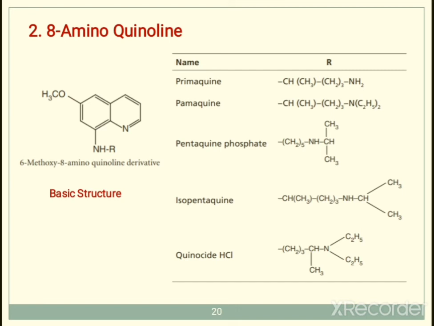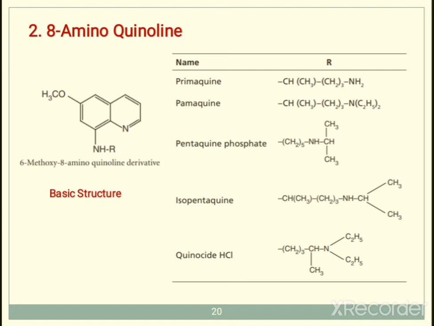Then pentaquine phosphate. At the R position of pentaquine phosphate, CH2 5 times NH, CH3 CH3. Then isopentaquine. The isopropyl group has been attached after NH, so CH3, CH2 3 times, NH, CH3 CH3.